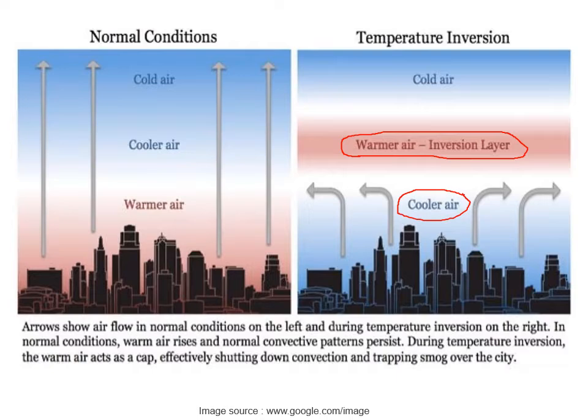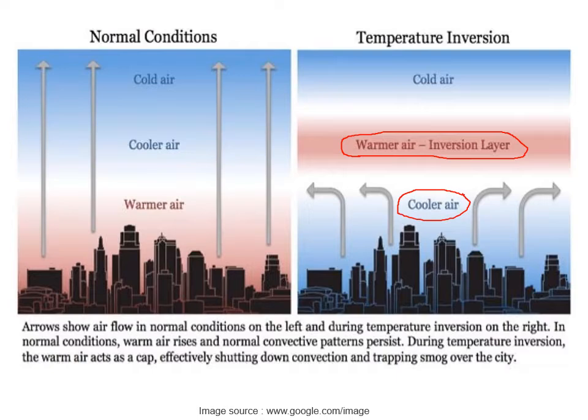Basically, what happens is not only the water vapor, but all the dust particles, all the gases emerging from the factories, emerging from the chimneys, are trapped in this lower part of the atmosphere.